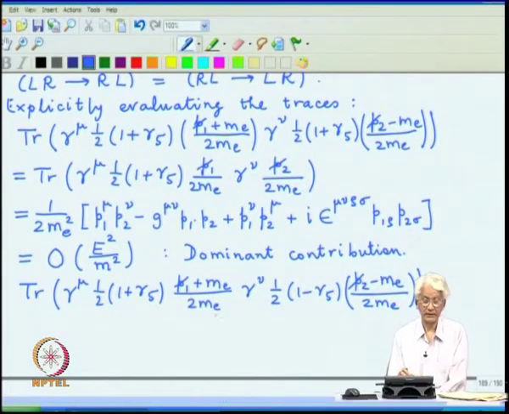And now, when commuting this 1 plus gamma 5 factor through the gamma matrices, a different combination from the propagators survives.